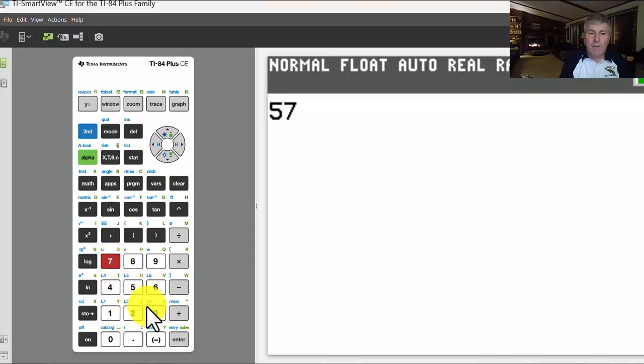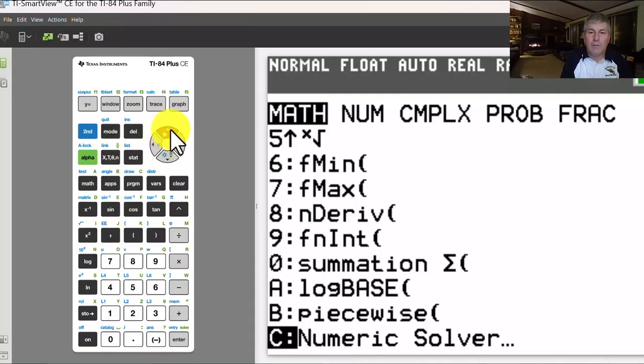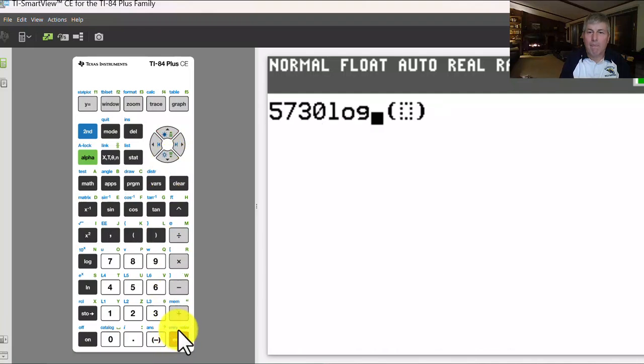So type in 5,730, math. I need log base 1/2. So log base 0.5 of 0.6.